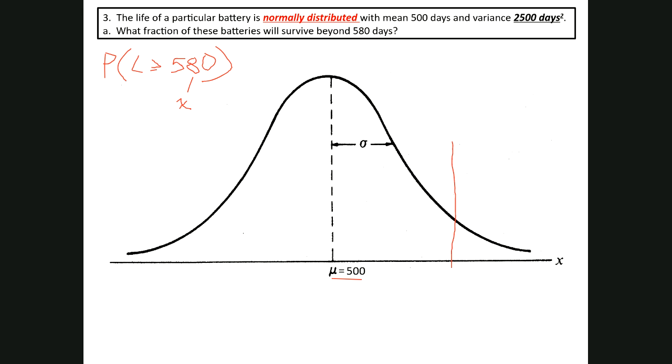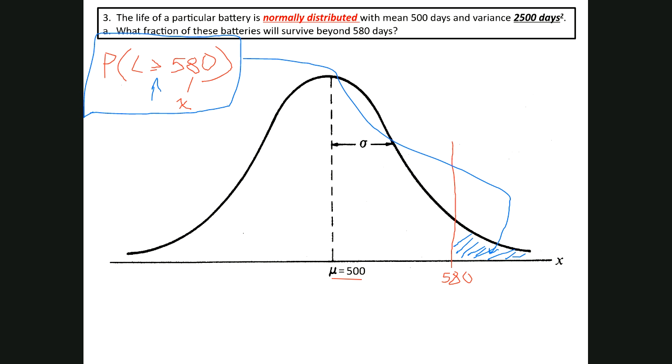So somewhere out here to the right is 580 days. And if the lifetime is greater than or equal to 580 days, then that's everything, this little small area, everything to the right of 580 days. So this is the area that corresponds to our probability, and that's what we want to have answered.